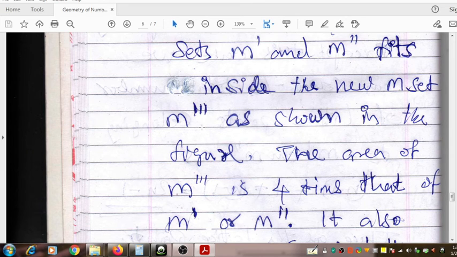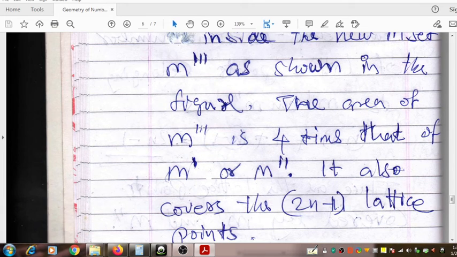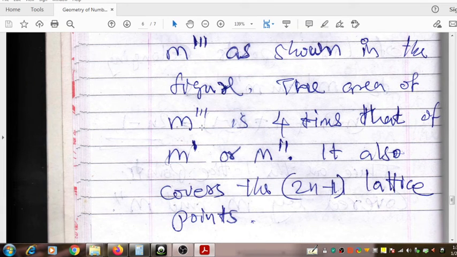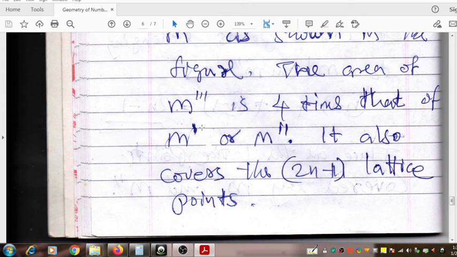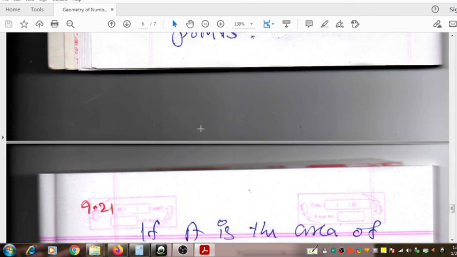You can understand that clearly from the last figure. The area of M triple prime is also 4 times that of either M prime or M double prime, and clearly it covers at least 2n minus 1 lattice points.